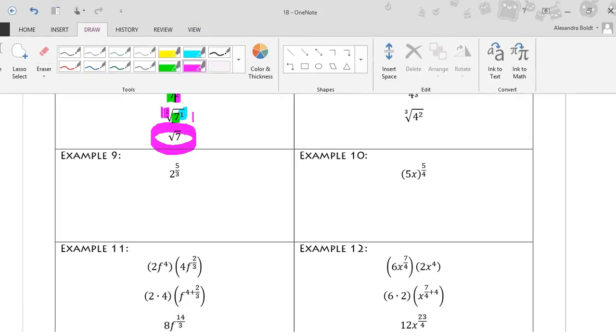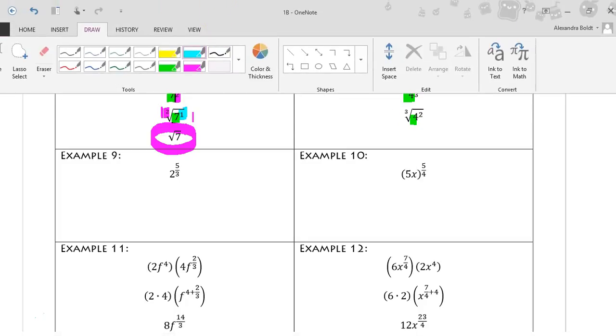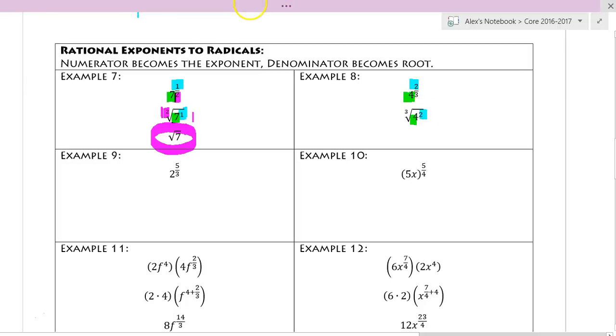Alright, looking at example 8, 4 is my base, so 4 goes in my base. 2 is my numerator, so 2 goes as my exponent. And 3 is my denominator, so it goes as my root, or the index. It's the cube root of 4 squared.